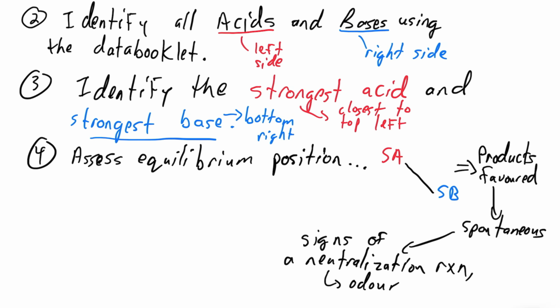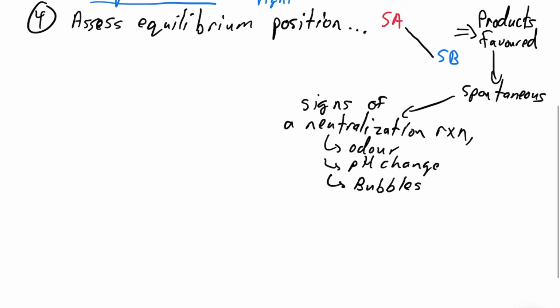And these would be signs like odor, so there should be a change in smell perhaps, pH should change, and you would indicate that using chemical indicators like phenolphthalein and bromothymol blue, and as well there'd be bubbles of some sort.